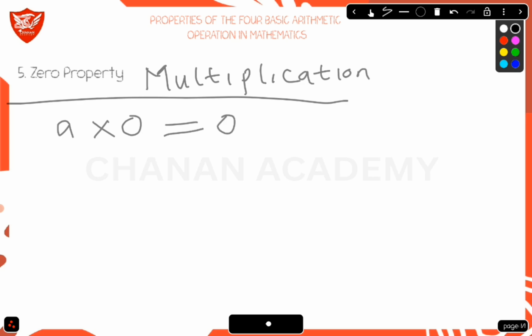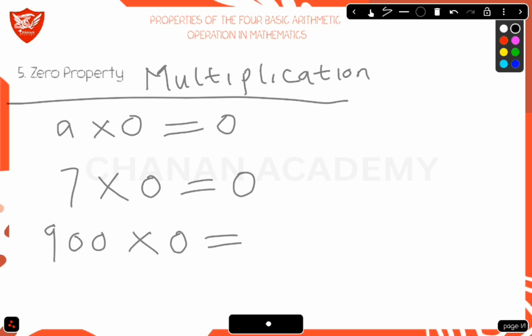If a assumes the value of 7 multiplied by 0, the result will still be 0. Even if a assumes the value of 900 multiplied by 0, the result will still be 0. So that's what the zero property says about the multiplication.